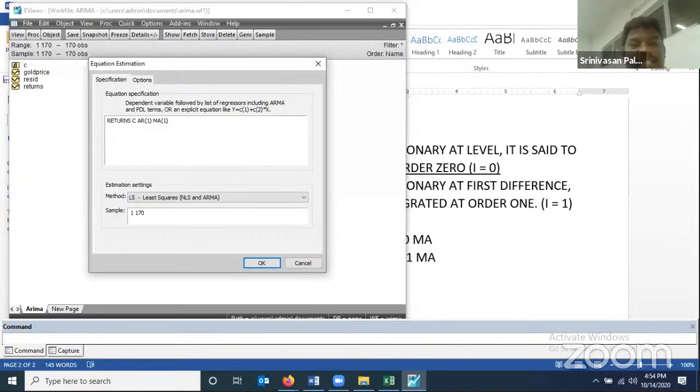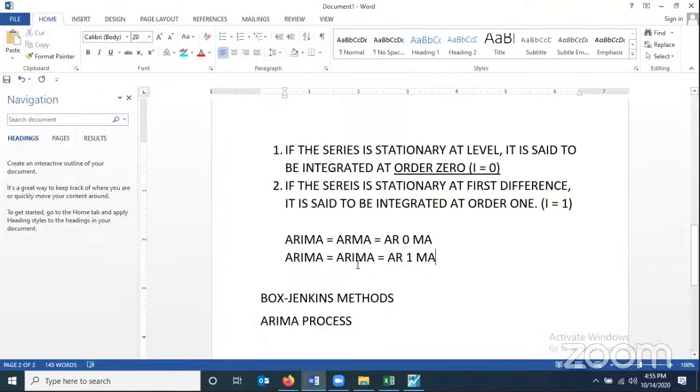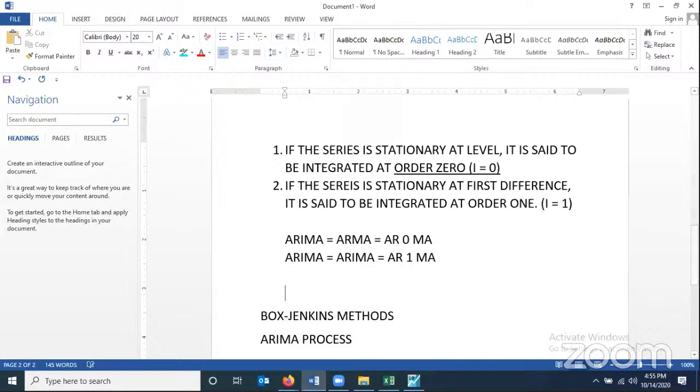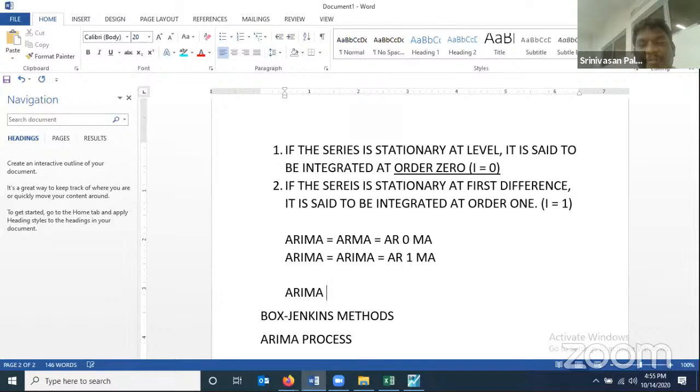Over. So this is called which model? ARIMA model. Can you write it in terms of an expression? Sir, why are we using ARIMA here? Forecasting. We are using ARIMA for forecasting.